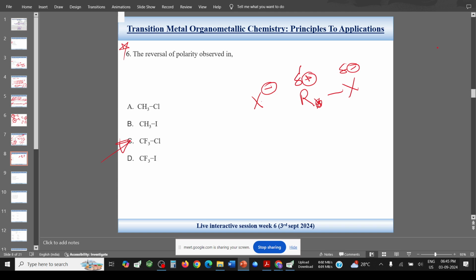But you may be aware that there is one type of halogen species which exist like I3 minus, ICl2.